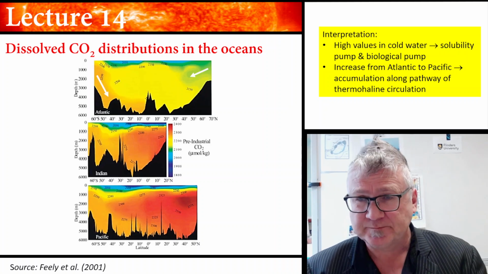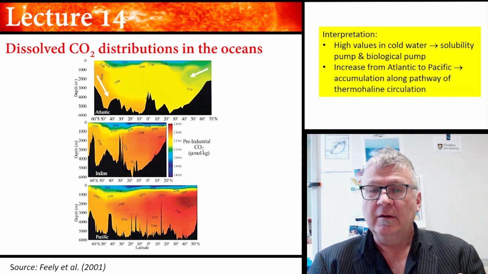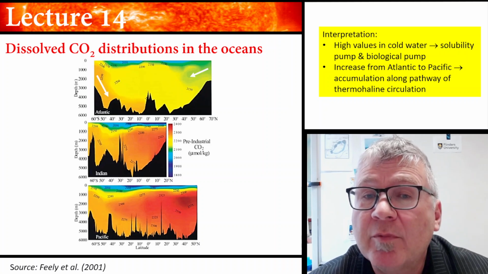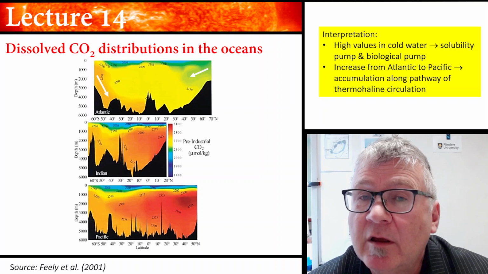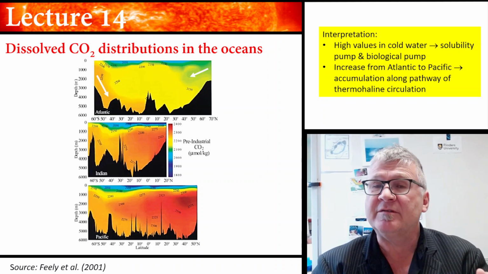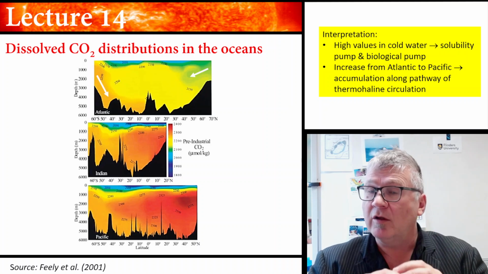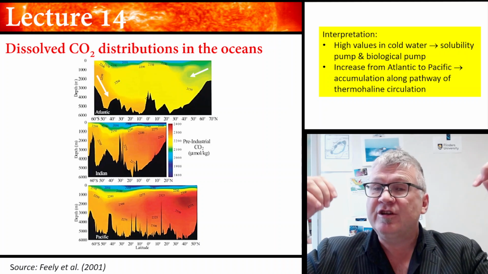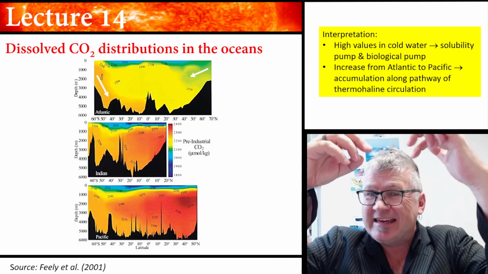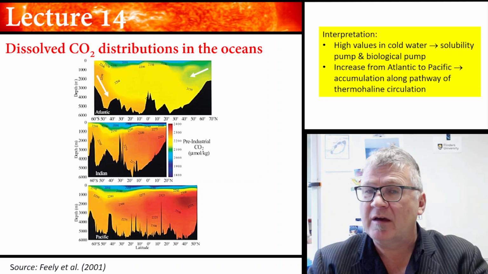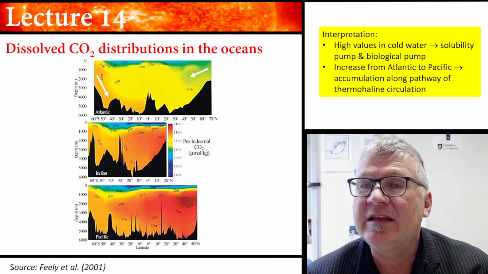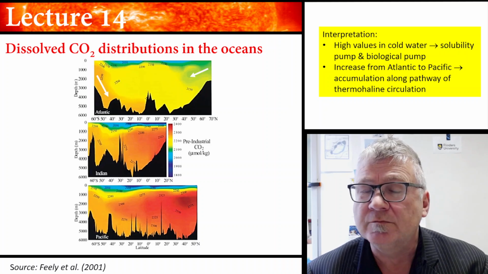Why is that? Now you have to understand the soft tissue pump, because as you move with the deep circulation of the ocean from the North Atlantic to the North Pacific, there is the addition of detritus, sinking dead organic matter, which becomes dissolved, remineralized, and releases CO2.